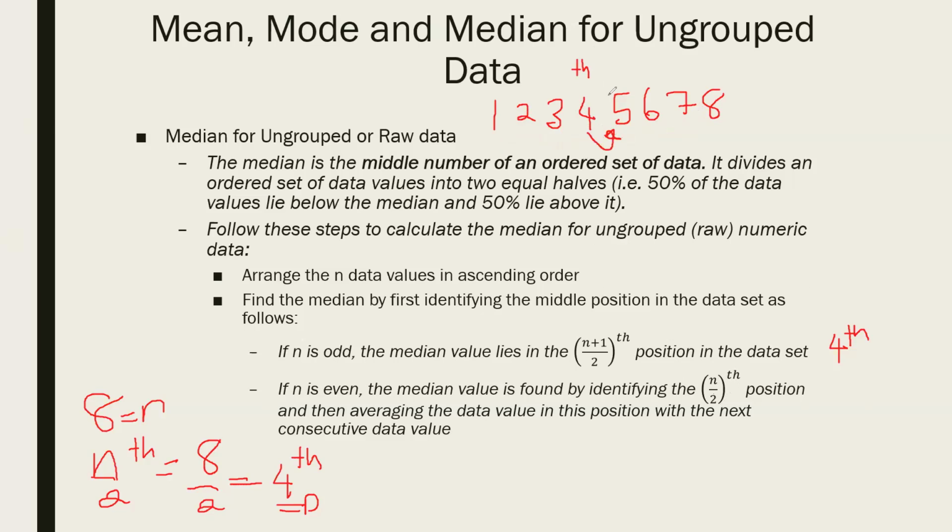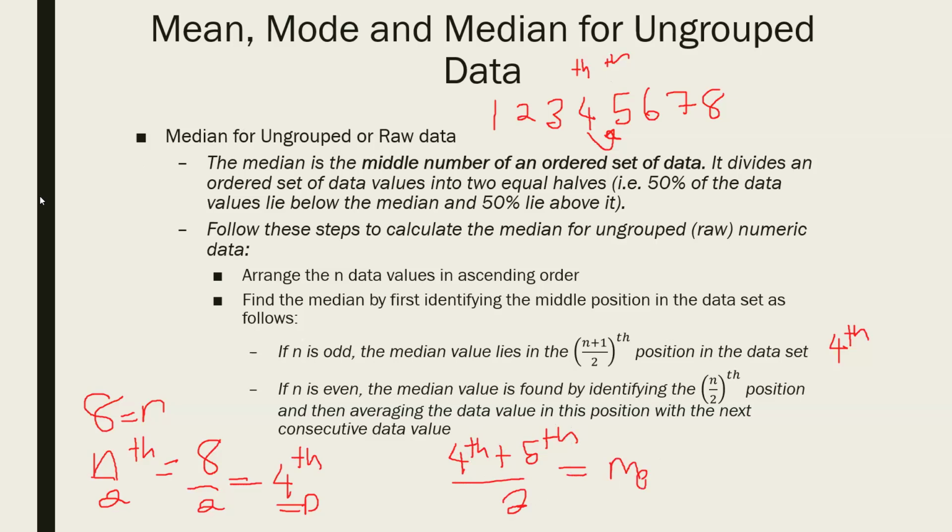So after you find the value on the fourth position, you add it with the value on the fifth position, then you divide by 2. The value that you get there would be what we call the median, right?